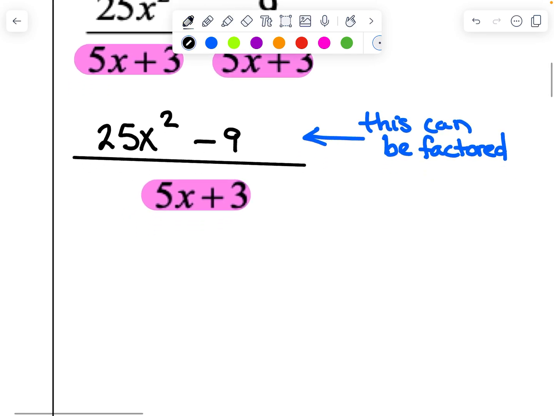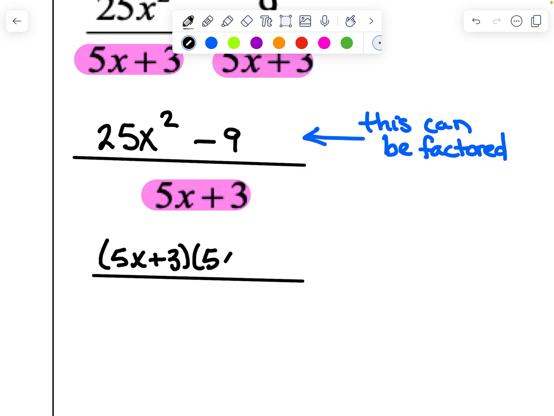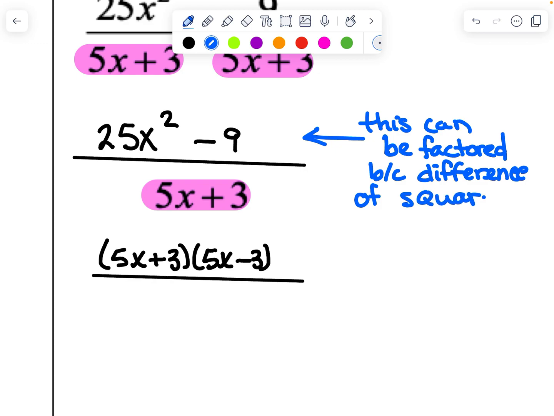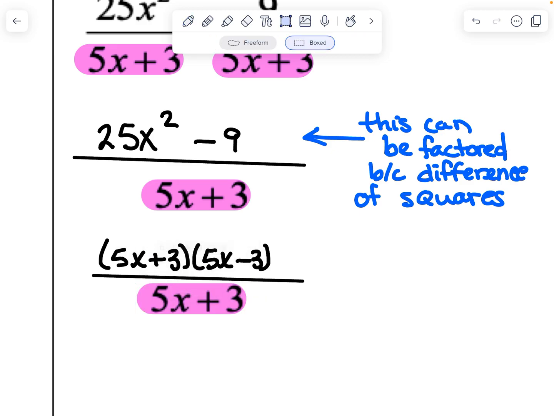And when we factor it, we have 5x plus 3 and 5x minus 3, because it is the difference of squares. And then, of course, my denominator is still there, okay?